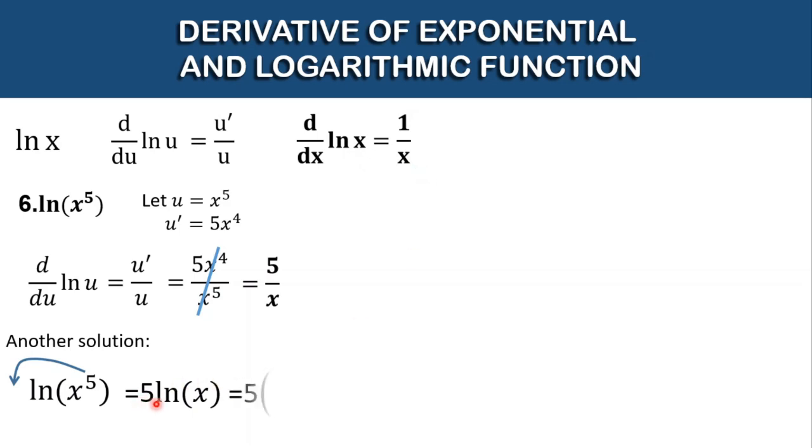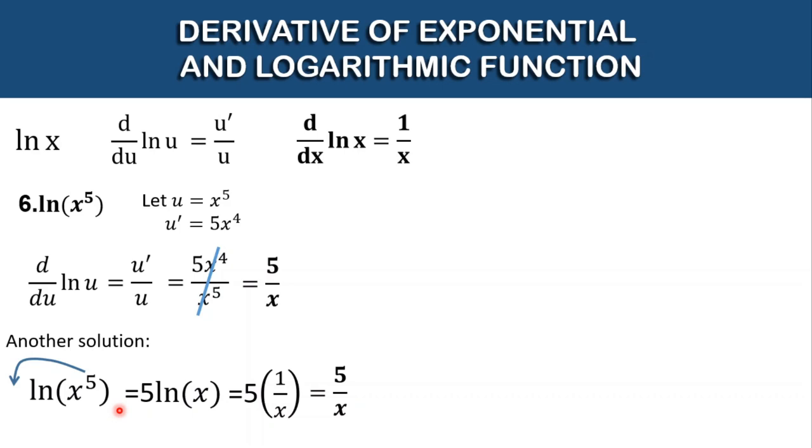So, we have 5 times 1 over x. At kapag pinag-multiply natin itong dalawang ito, the answer is 5 over x. So, the same lang silang dalawa. So, nasa sa inyo na kung aling way yung gagamitin nyo. So, ito ay limited lamang sa ganitong klase ng problem.